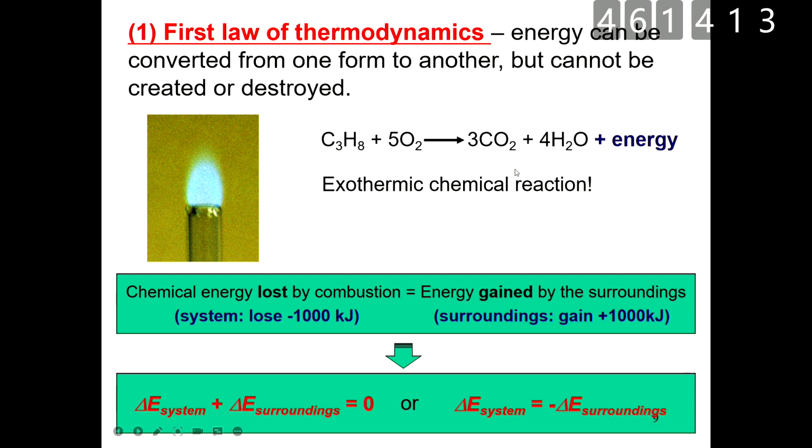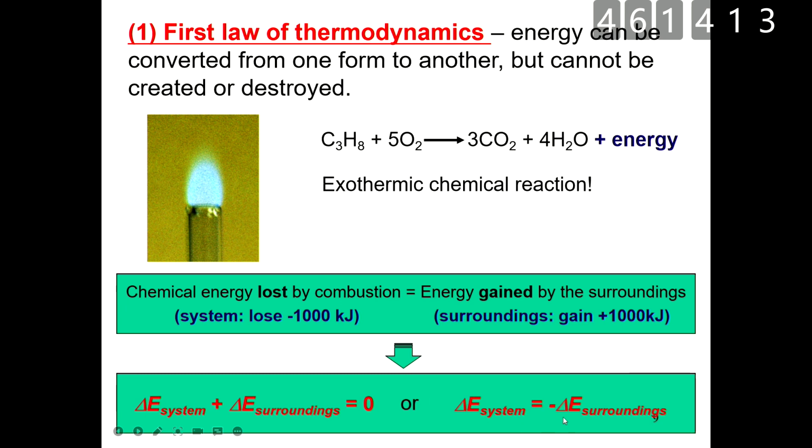For this reaction, there's some chemical energy, right? So the chemical energy is changed to what kind of energy? Yes, heat. So this means the energy can be converted from chemical energy to heat, but cannot be destroyed.